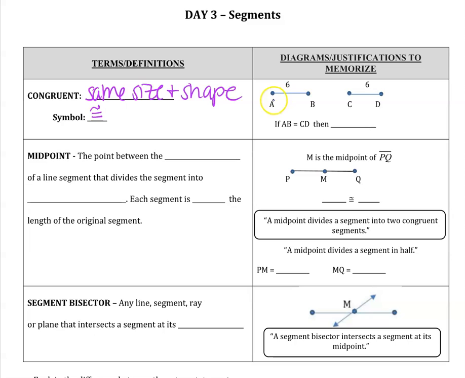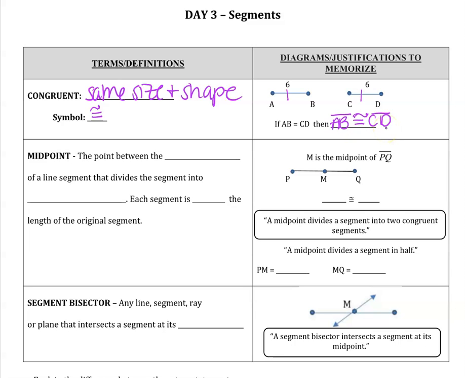If we know that AB and CD, the line segments, have the same distance, that means that they must be congruent to each other. Look at my notation. This is saying the line segment AB is congruent to the line segment CD.